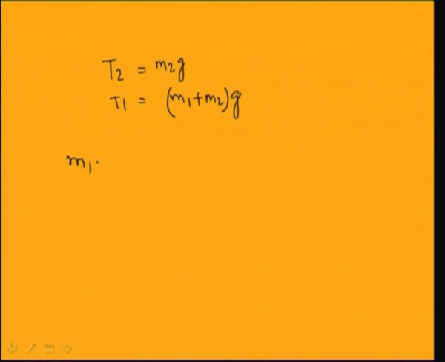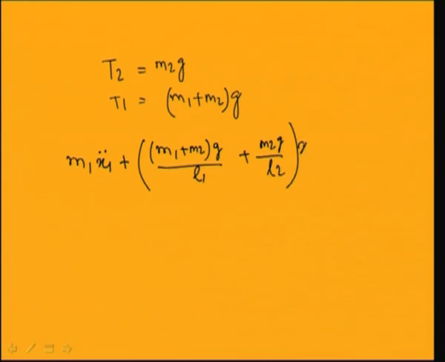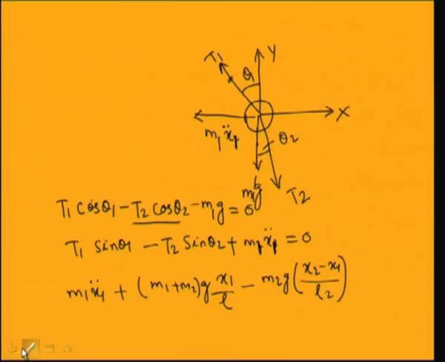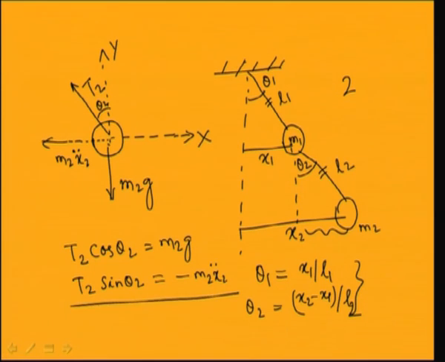So, this equal to m1 x1 double dot plus ((m1 plus m2)g by L1 plus m2g by L2) x1 minus m2g by L2 x2 equal to 0, and the second expression from this equation you can write, that is m2 x2 double dot plus, for T2 you can write equal to m2g into this expression.